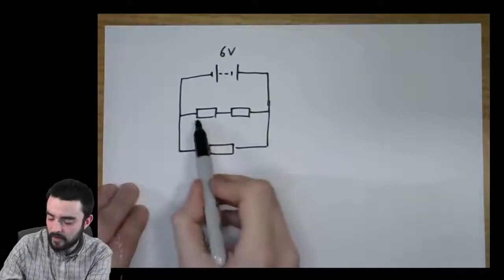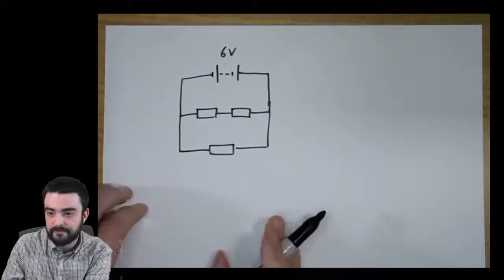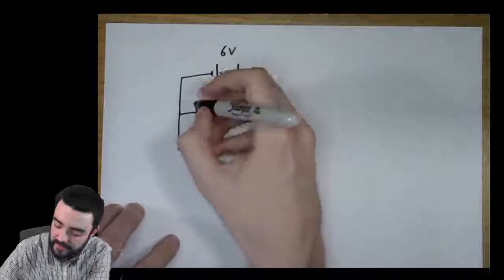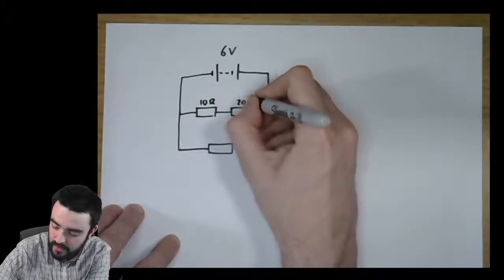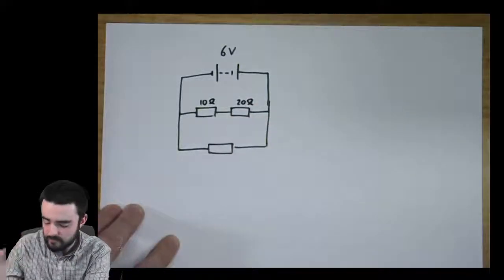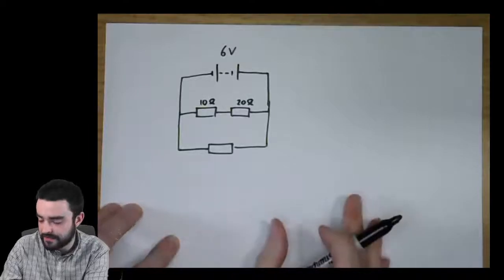On one of them, we will have two resistors, and in the other, we'll have one resistor. We'll say that this one is 10 ohms, this one is 20 ohms, and this one we'll leave as an unknown resistance.